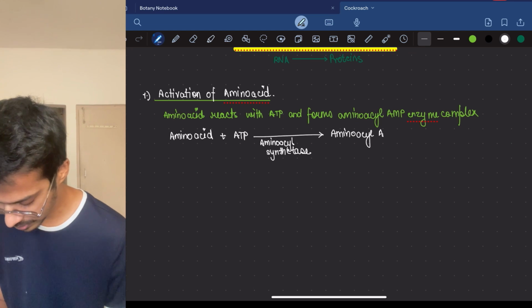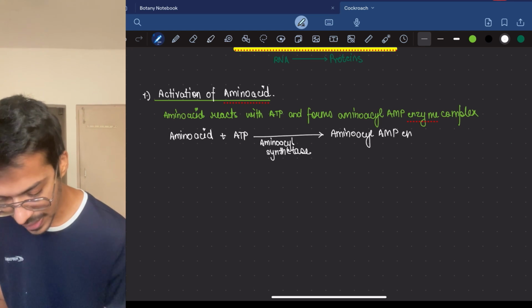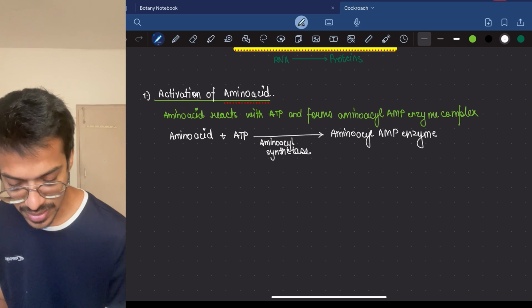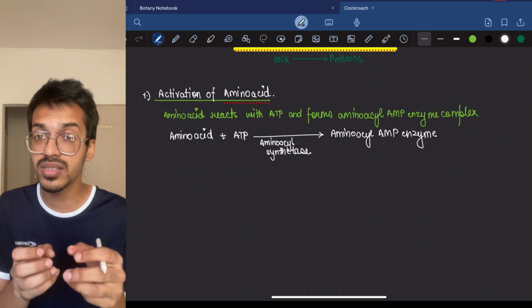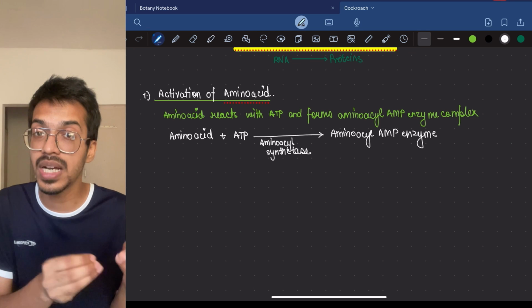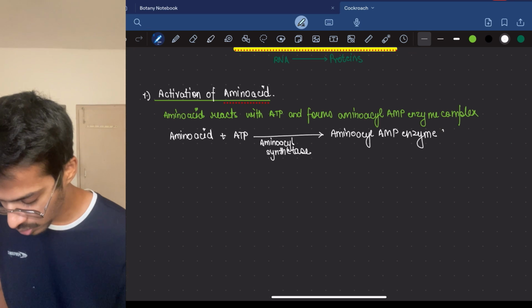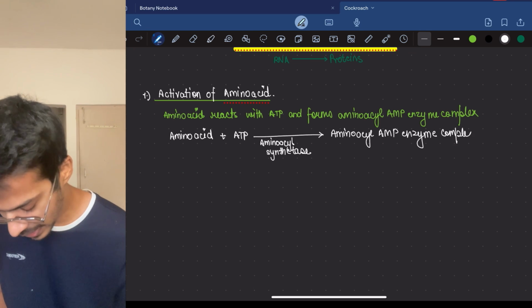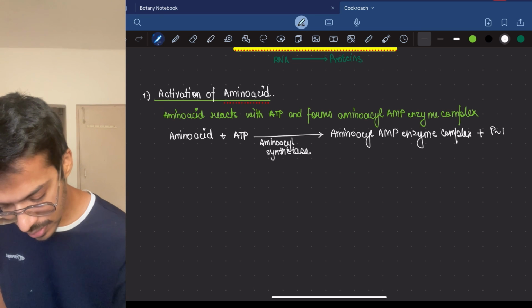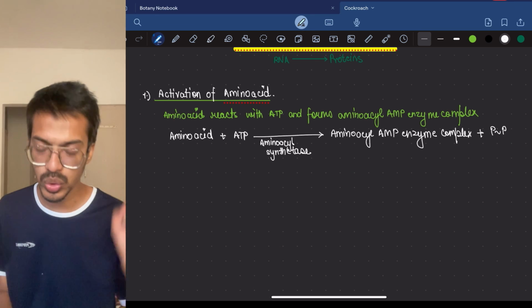Aminoacyl AMP enzyme complex. Means the ATP will lose its triphosphate form and come into the monophosphate form. Okay, enzyme complex plus phosphate, that will be loosened out.